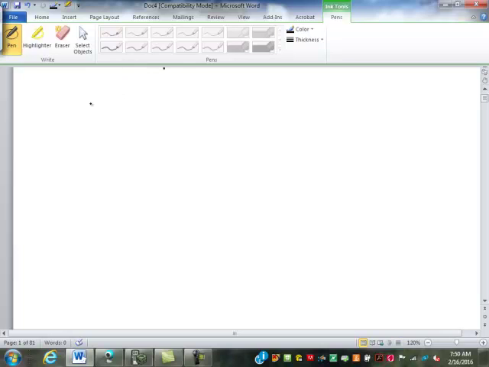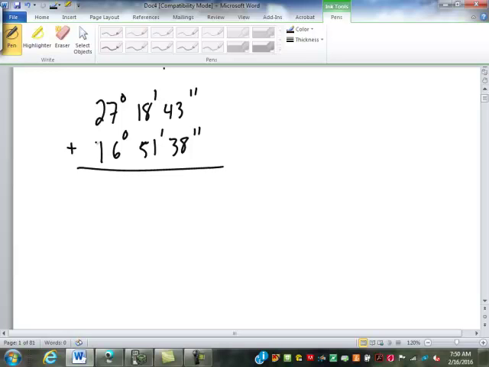Let's take a peek at something like this. Not as tough as it looks. Just like any operations with any of our other measurements, we're going to do 43 plus 38 is 81, right? So that's going to be 1 minute and 21 seconds.